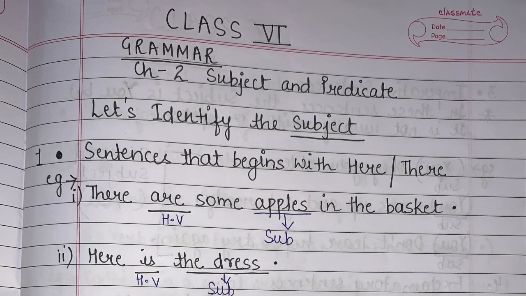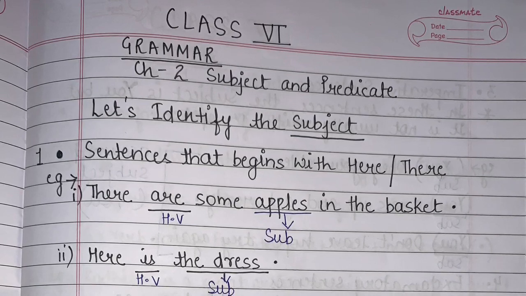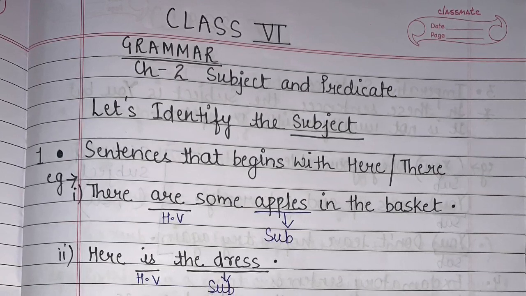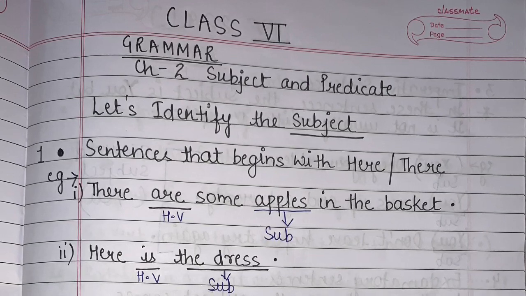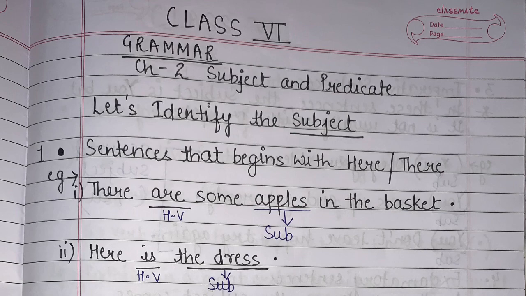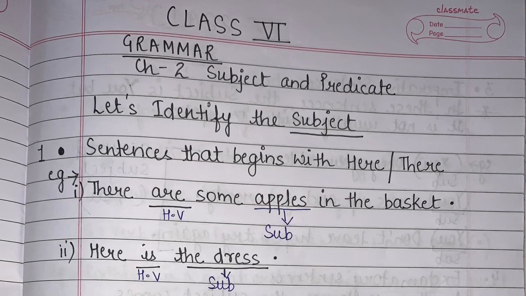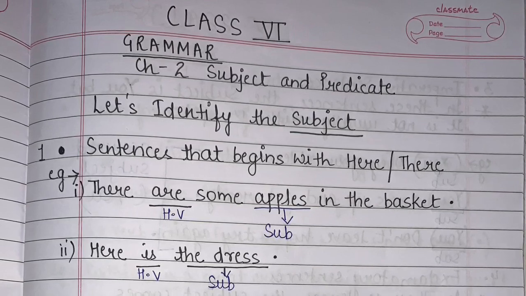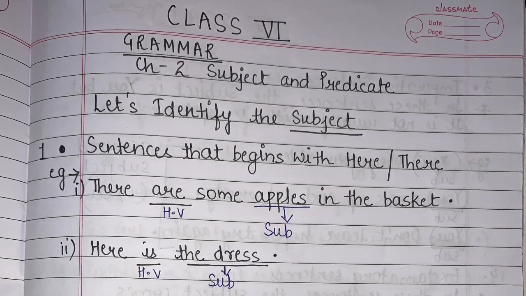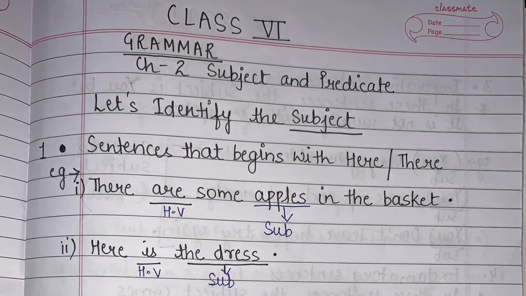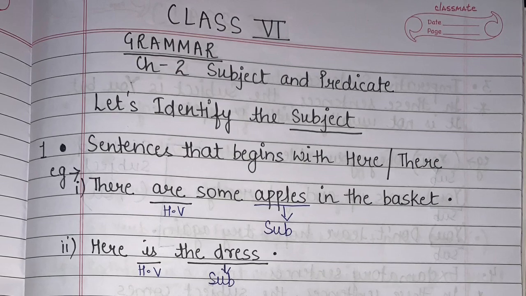Okay, let's try to do this with the help of an example. Suppose I have this example: Here is the dress. Full stop. I know that my sentence is starting from here, right? My sentence has the first word as here. So in this case, I have to find out what would be my subject.